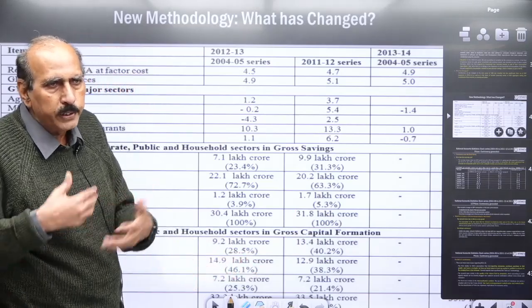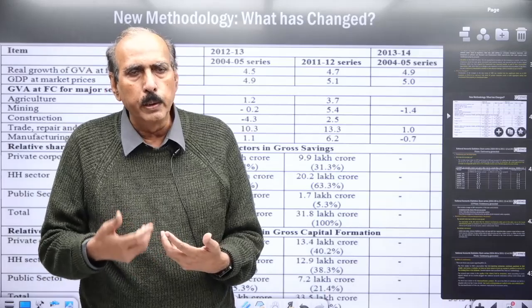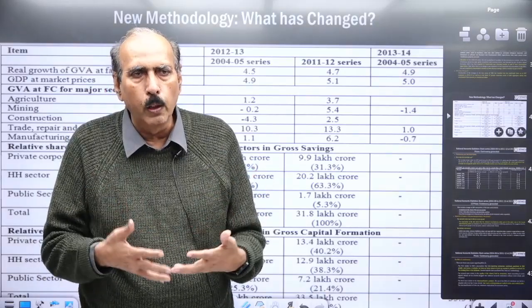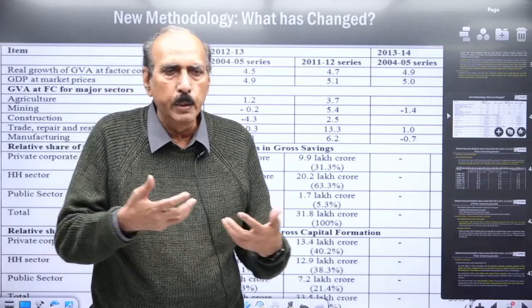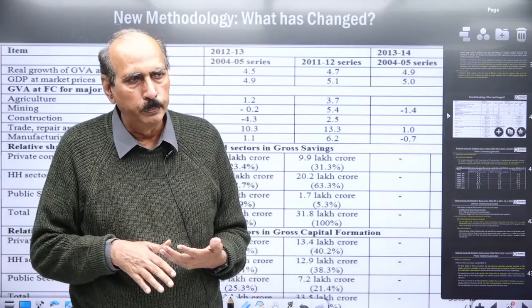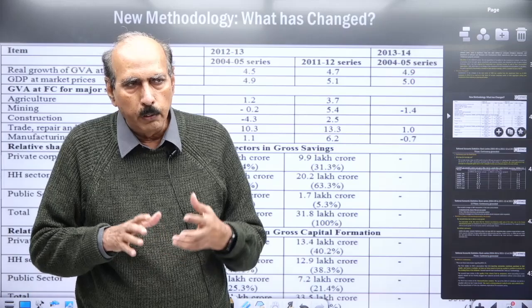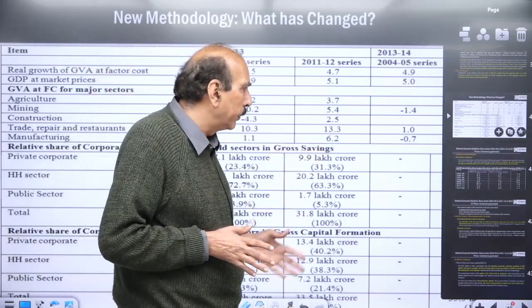Because of definitional changes, share of various sectors in GDP has increased. The impact of these changes was that the share of goods sector in the GDP has increased, and share of services has fallen down. That was a major change which has occurred because of revision of this.